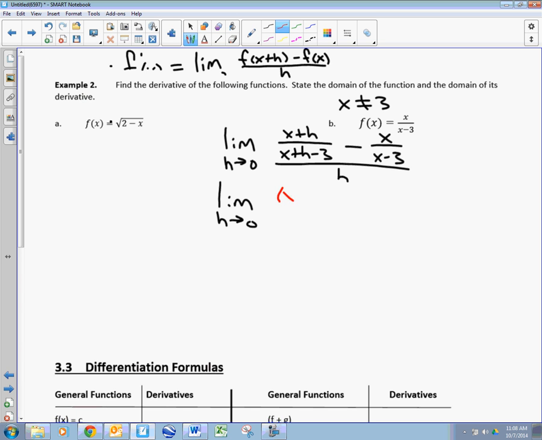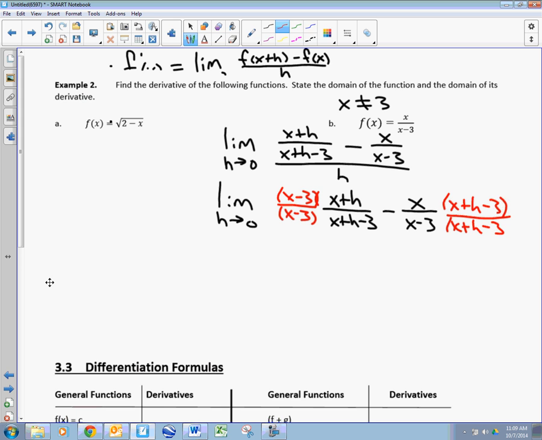So multiply top and bottom by x minus 3 times x plus h minus 3: x minus 3 times x plus h over x plus h minus 3 minus x over x minus 3. Multiply top and bottom of that by x plus h minus 3 over x plus h minus 3. That's all over h.